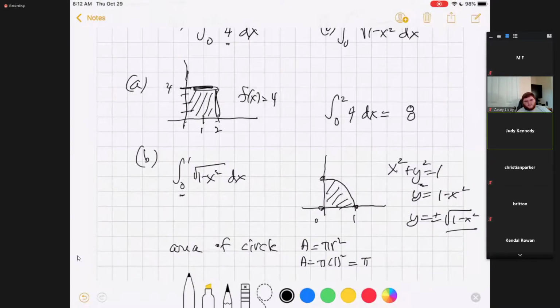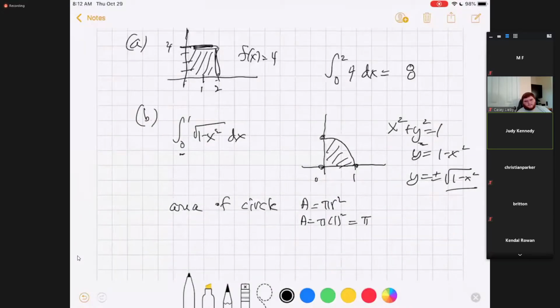But I don't want the entire region. I just want the part of the region that's in the first quadrant. The circle itself doesn't have area, the area inside the circle.